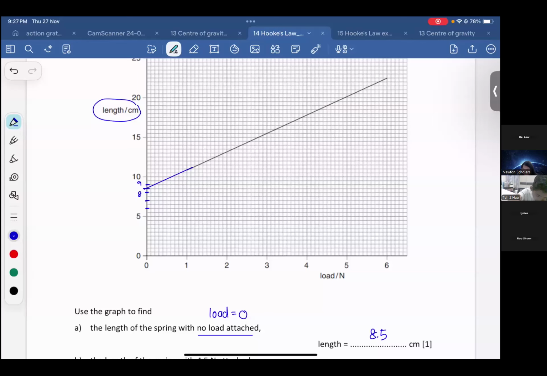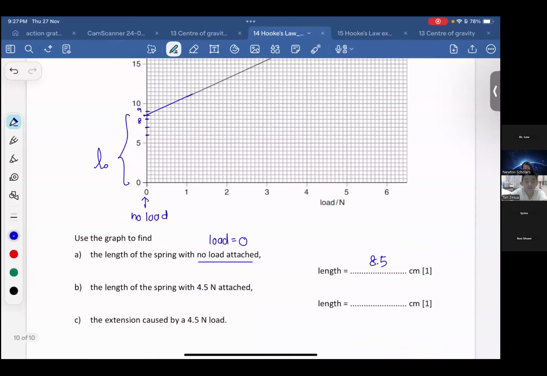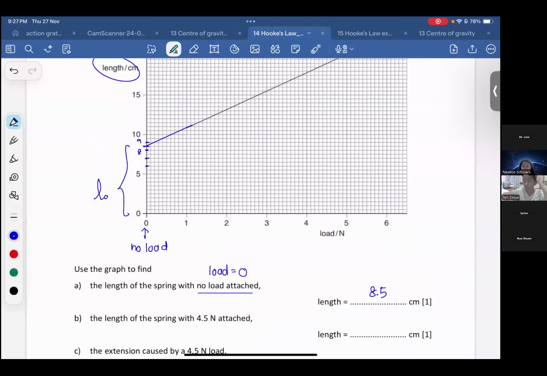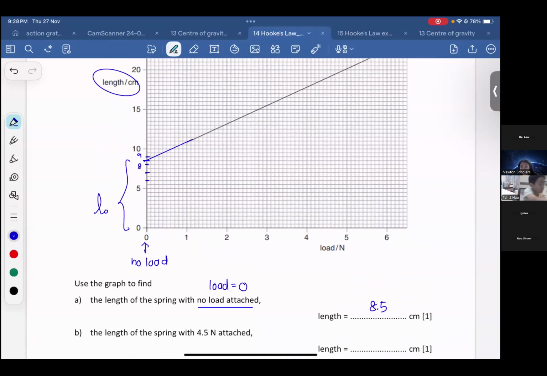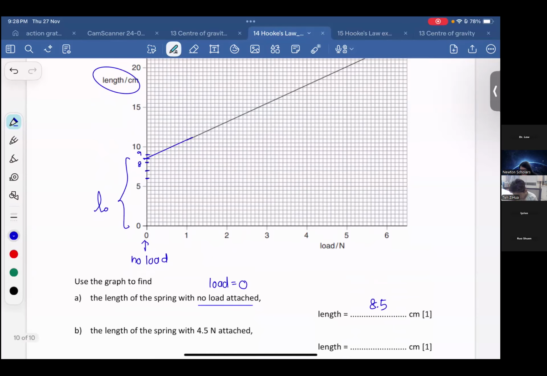Okay, second question. Length of the spring with 4.5 Newton. What is your length of the spring with 4.5 Newton? Okay, do it right now and tell me your answer. Zihua correct. Angeline correct. Others? 4.5 Newton. So from the graph, Newton is load, 4.5.